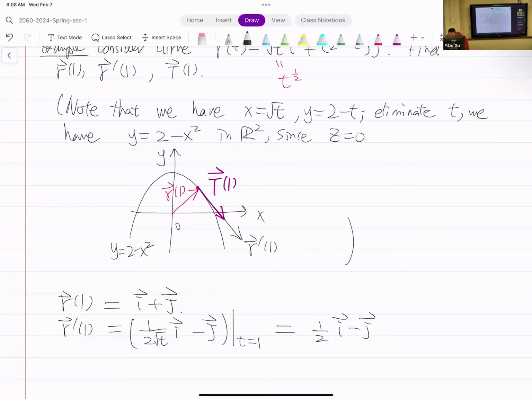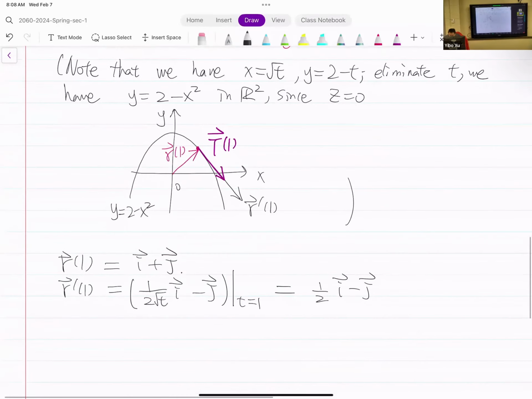So the unit tangent direction is just normalizing r prime. If you look at this vector, it definitely has a magnitude larger than 1, because the j component has -1 already. But we want a unit vector, which has a magnitude of 1, so we normalize by dividing by this magnitude. So capital T is r prime divided by its magnitude.